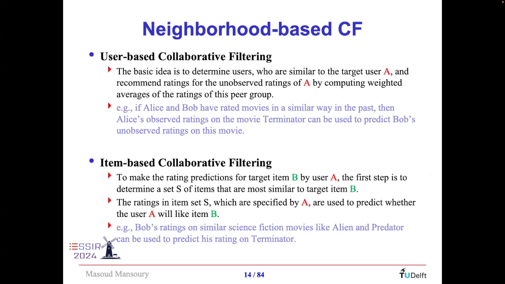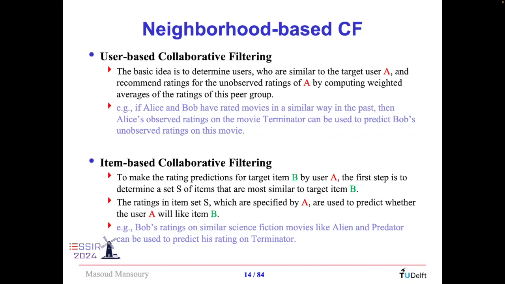So the task here would be first finding the similar users to the target user. Those similar users are also called neighbor users. And then based on the opinions of the similar users, the neighbors, we take their opinions to predict the rating for the target user on the target item.